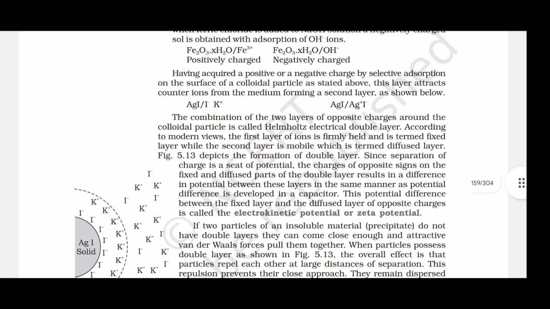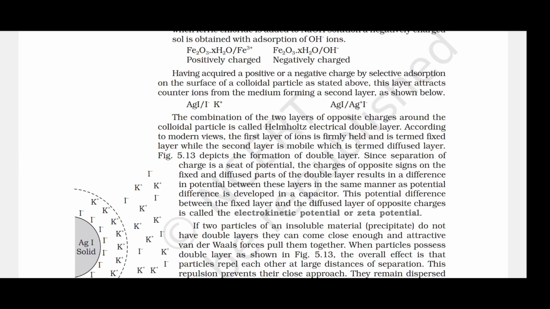The combination of the two layers of opposite charges around the colloidal particle is called the Helmholtz electrical double layer. According to modern views, the first layer of ions is firmly held and is termed the fixed layer, while the second layer is mobile, which is termed the diffused layer. Figure 5.3 depicts the formation of a double layer.